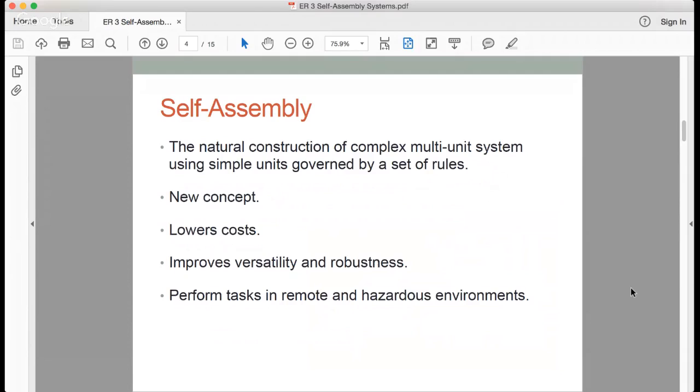The ability to form a larger, stronger robot using smaller modules allows self-assembled robots to perform tasks in remote and hazardous environments. In other words, self-assembly is the problem of designing a collection of elements with edge-binding properties, such that when they mix randomly, they bind to form desired assemblies.